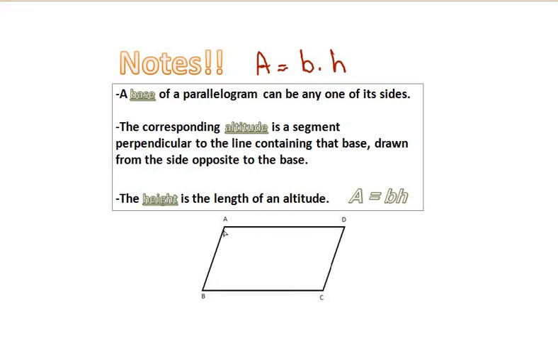So we can say that this is the altitude, or I can choose any other point on the line, but I prefer the corner because it's easier. But I can draw it from this point, for example. Or we can extend this line and draw it outside the parallelogram. It has the same length as this line segment.